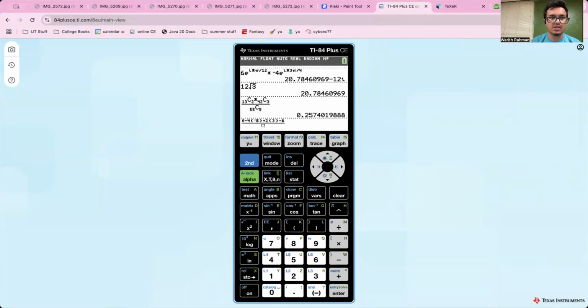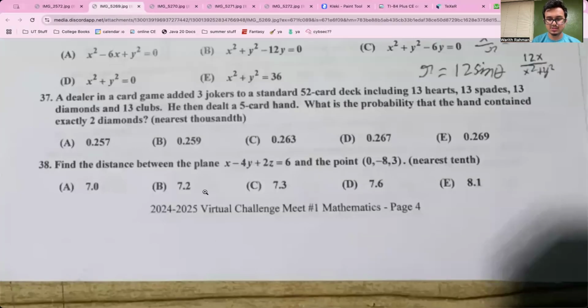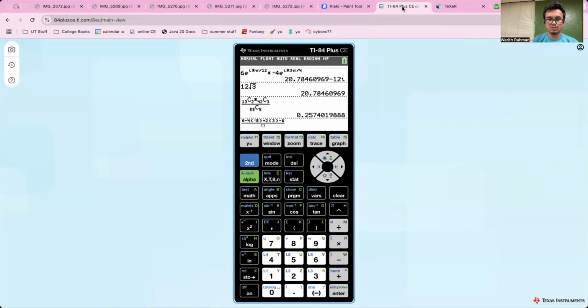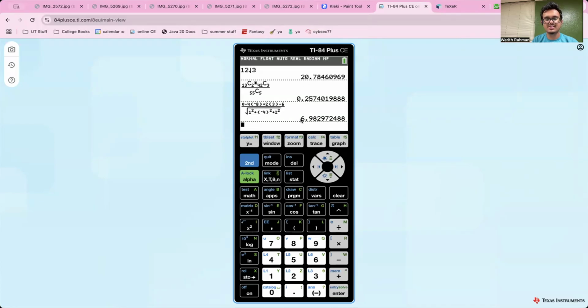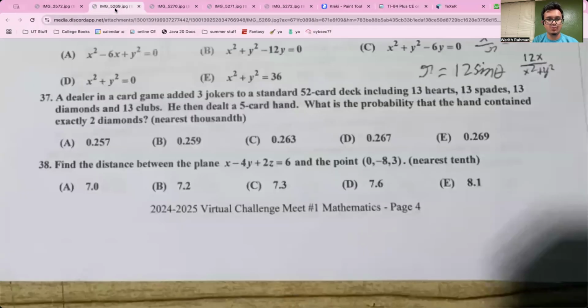For each of the coefficients, we're going to square them, sum them, square root. For a line, which is just ax plus by equals c, you're going to see this looks really similar to a Pythagorean setup. So here we have 1, negative 4, 2. So we're going to do the square root of 1 squared plus negative 4 squared plus 2 squared. And that gets us this 6.98. And that would be our distance, 7.0 right here.